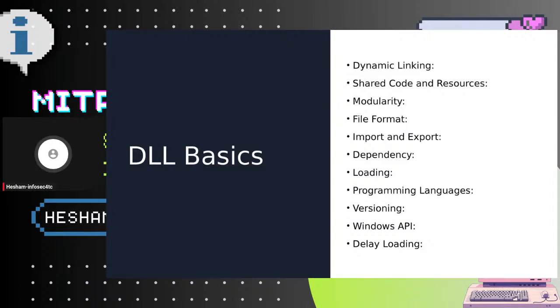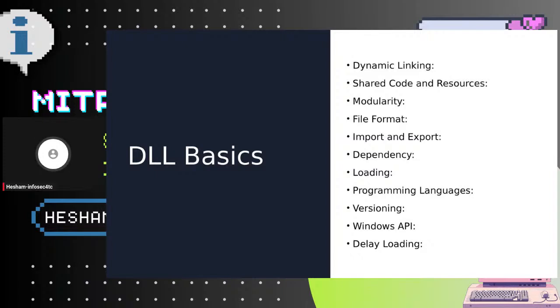We know also import and export DLL. So we have the import address table related to the DLL, which is the list of the functions imported from other DLLs or executables, for example. We have dependency, so programs using a DLL depend on the presence of these DLLs during runtime. We have loading, so a DLL can be loaded by a program and so on.